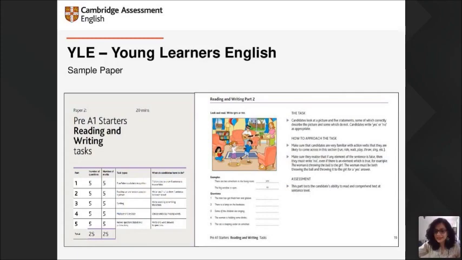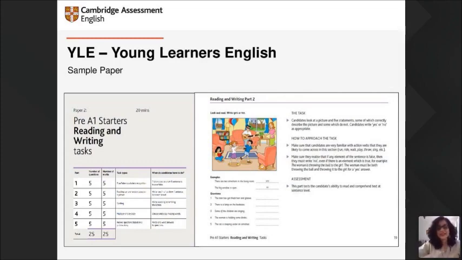This is basically a guideline for teachers where they know how to approach the task, and they can pass on the same information to students. And when they ask students to attempt the tasks, they can follow these guidelines. And finally, it gives you information on what exactly the task assesses in the candidate.